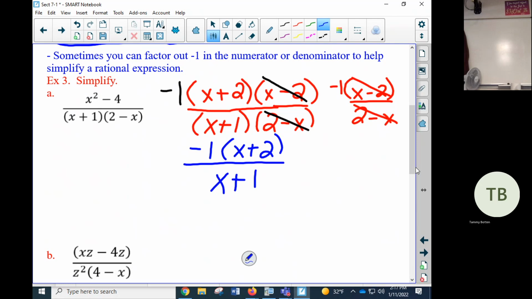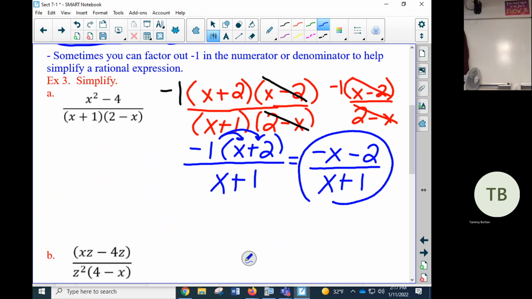Now, your book wants you to distribute the -1. So -1 times x is -x, -1 times 2 is -2, and that is over x plus 1. And that's my answer. Do you get that?